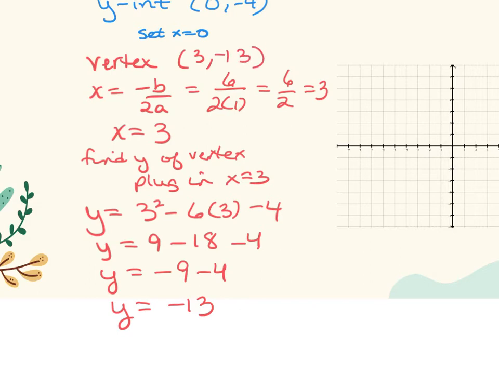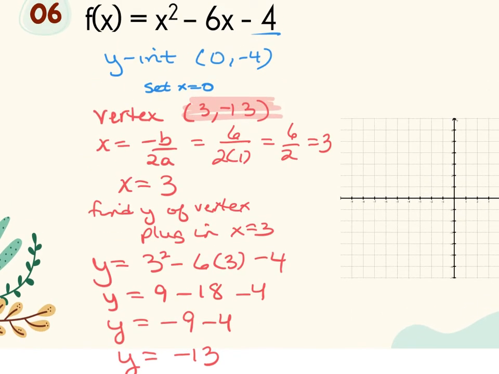So now I have this ordered pair to graph. I have my y-intercept to graph. And I also can get my axis of symmetry. Remember your axis of symmetry, you're going to use the x of the vertex, and it's x equals 3. It's that vertical line through the vertex.